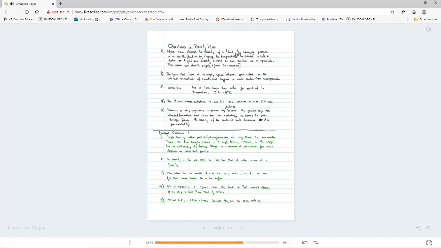Okay, question number 6. We are still continuing on density concept questions 1. So number 6, a fish sinks or floats by changing the amount of air held in its swim bladder. Explain how this change in air amount affects the overall density of the fish.